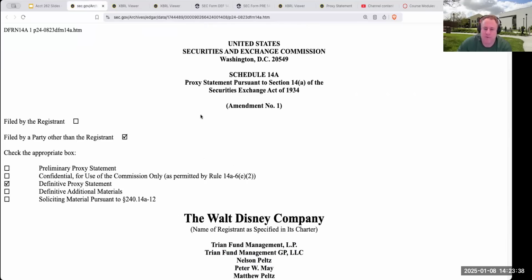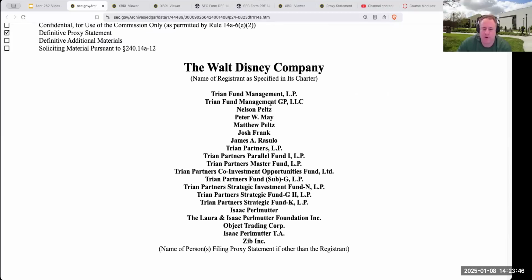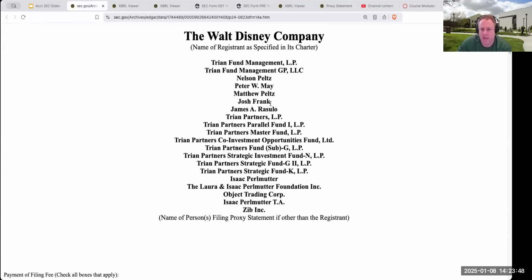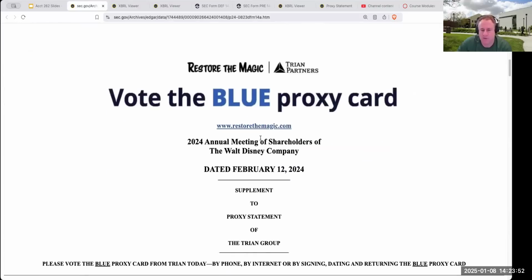Now, here you go. This is where it gets more fascinating. This is another version of a 14A where you're putting something up, saying all of these different partners, Trian Partners, are asking for the blue proxy card.